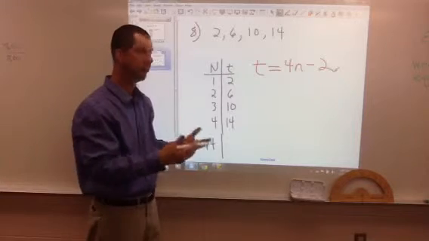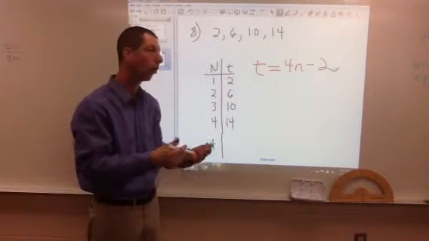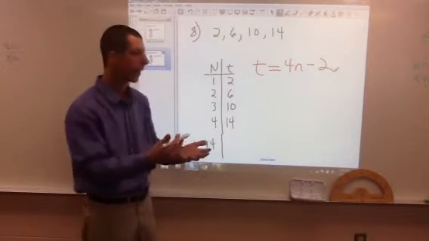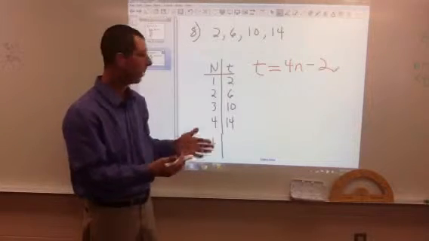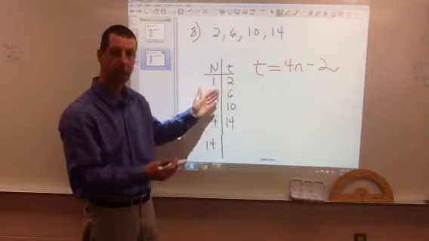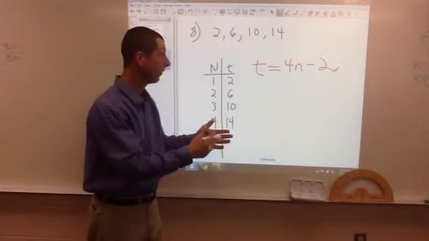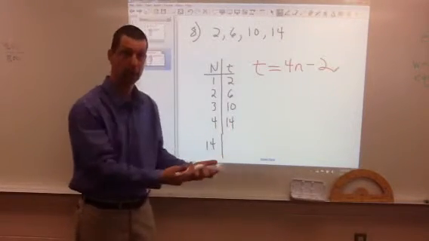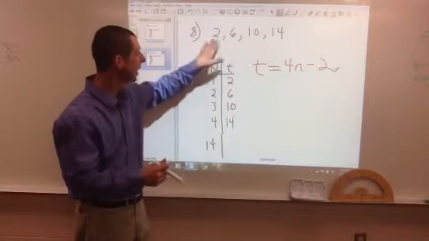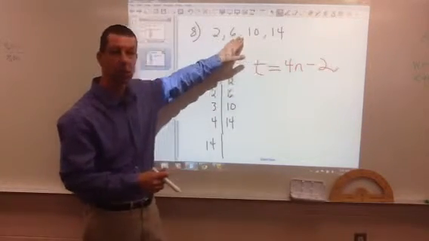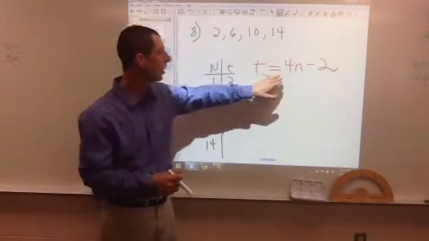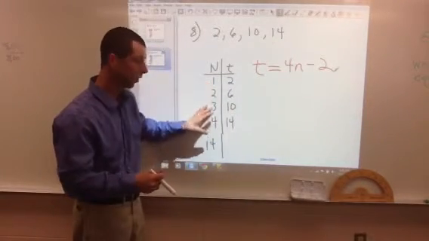You know you're probably going to have to either multiply by 4 or add 4, and then you've got to kind of play around with it a little bit. Okay, multiplying by 4, then I had to subtract 2. On some other ones, you may have to multiply by 4 and add 2 instead of subtract 2. But the key is looking at what the sequence is increasing by. That will give you the hint to find this.